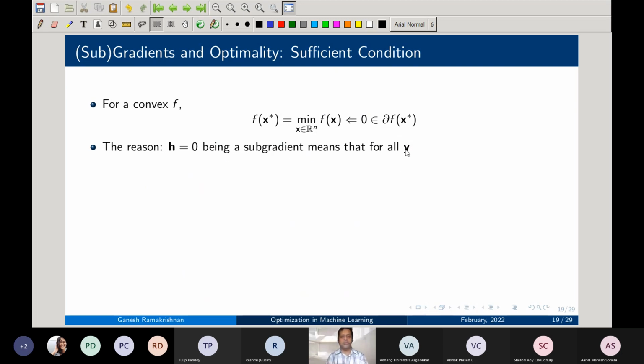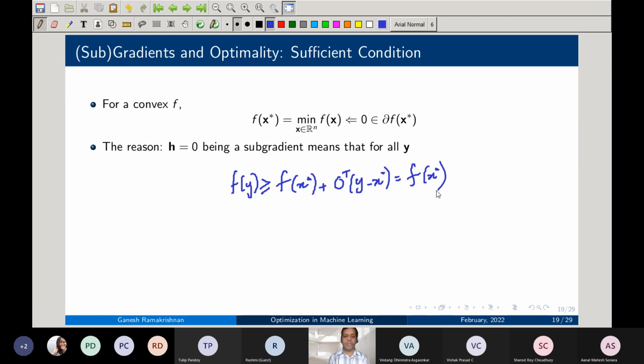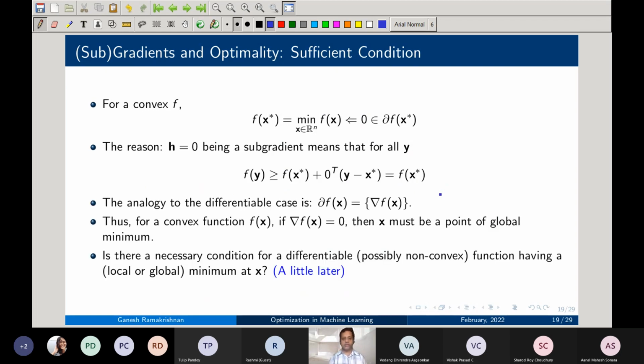That h equal to 0 being a subgradient for all y, exactly what we wrote in the previous slide, would mean that f of y is greater than or equal to f of x star plus 0 transpose (y minus x star), which is f of x star. So x star must be a point of minimum. That's exactly what we wrote.